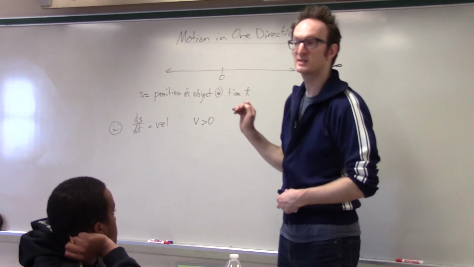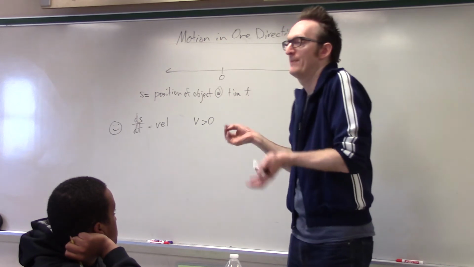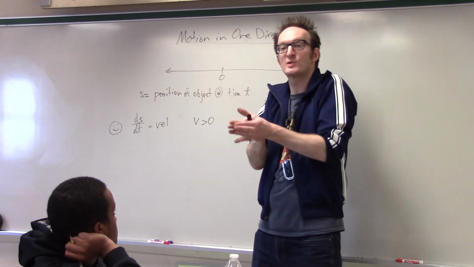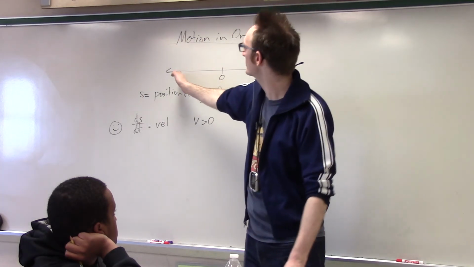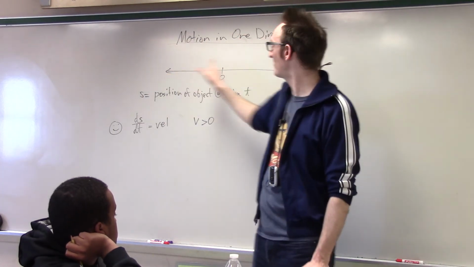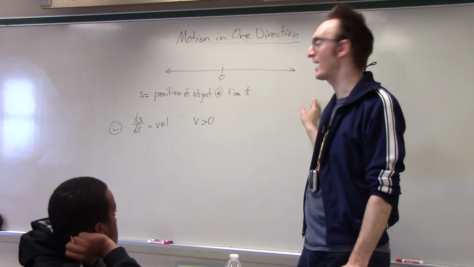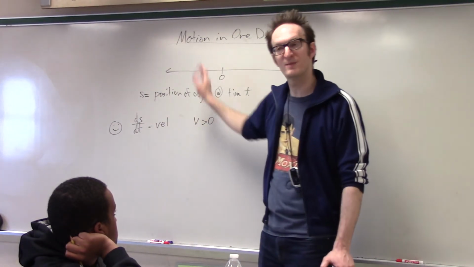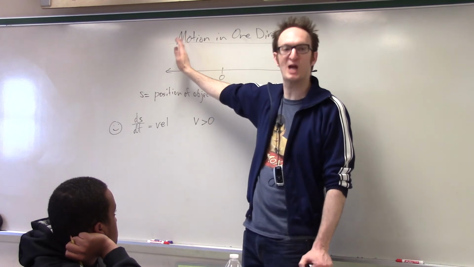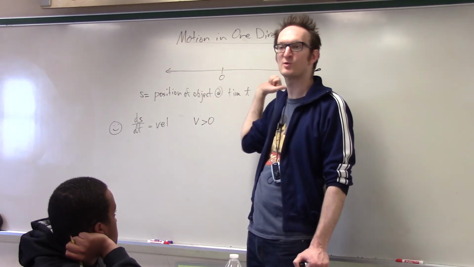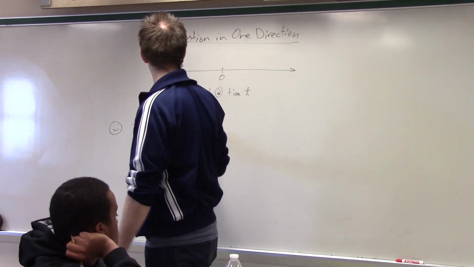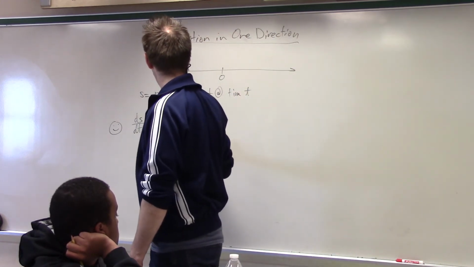It's helpful to say the word position number, since I'm capturing my position with a single number. If my position number is negative, I'm somewhere on the left. If it's positive, I'm somewhere on the right. If the derivative of position is positive, my position number is changing positively, in other words moving to the right. Are we good? Okay. What does it mean if my velocity is negative?